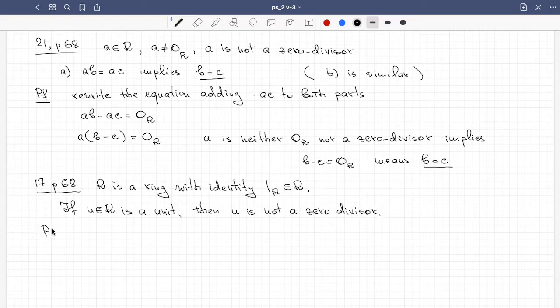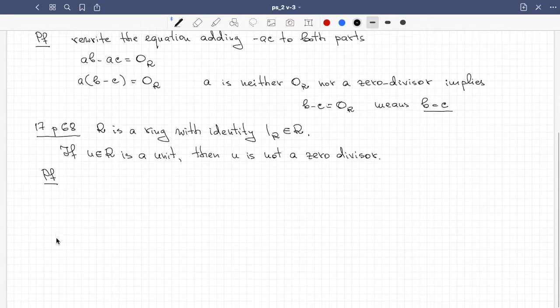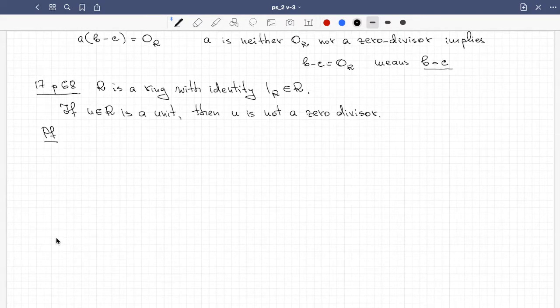Here's how we prove that. Since U is a unit, U inverse exists.